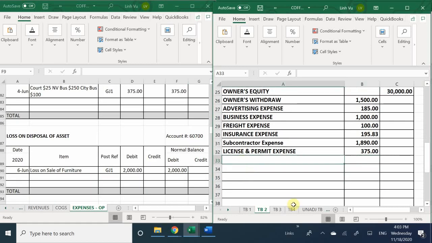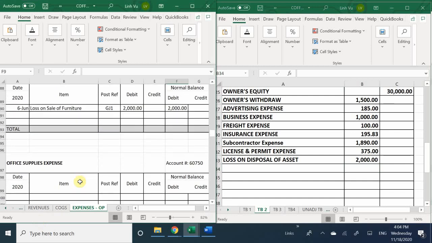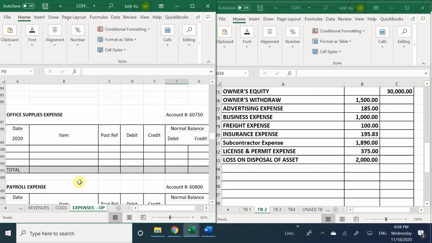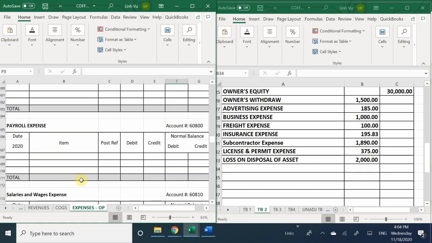Yes, we do have that, a total of $2,000. Okay. Did we incur any office supplies expense? No, we don't even have office supplies yet, so we don't have anything to expense.